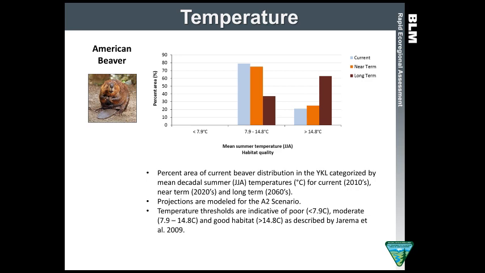Currently, the majority of their distribution falls within this moderate temperature regime, but you see this big shift in the future, where in the long term, the majority of the temperature under their current distribution, am I getting that right? Temperature, I should say, is going to be in that greater than 14.8 degrees. Sorry, I'm not articulating that well, but the take-home message here is make way for beavers, because we do anticipate that you're going to be seeing higher densities of beavers based on projected temperature increases.